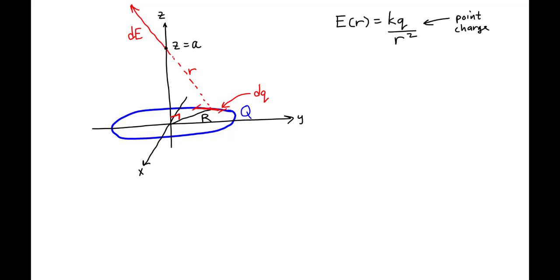But now that I've sketched my representative charge element, let's apply the formula that we know for point charges. The electric field due to a point charge is equal to kq over r squared. Since we have a tiny piece of charge, this is going to be a tiny amount of electric field, dE, equal to k over r squared dq.